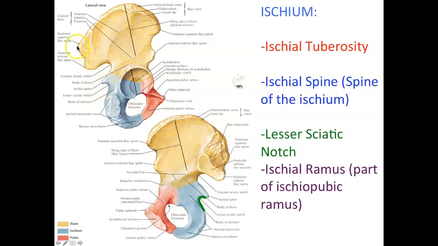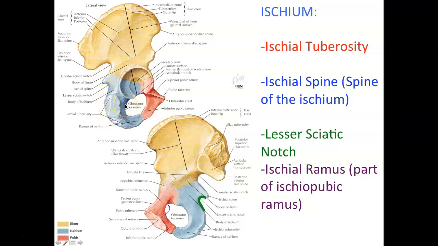I always like to go through in a line back here to describe structures. Here's your PSIS, PIIS, greater sciatic notch, ischial spine, lesser sciatic notch, and then you have your ischial tuberosity. So you can memorize them in a row like that if that helps.